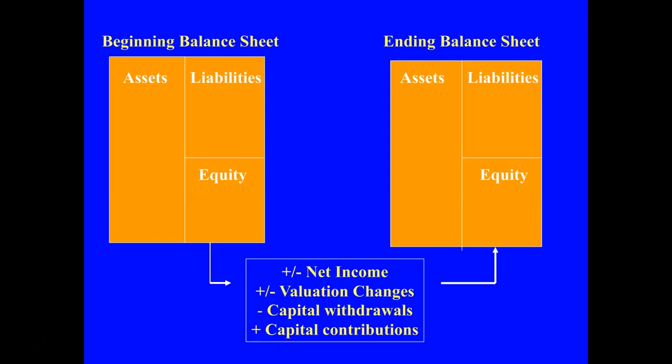Same again: plus or minus net income, plus or minus valuation changes, minus capital withdrawals, and plus capital contributions. That's the basic chart on how a basic financial balance sheet begins and ends.